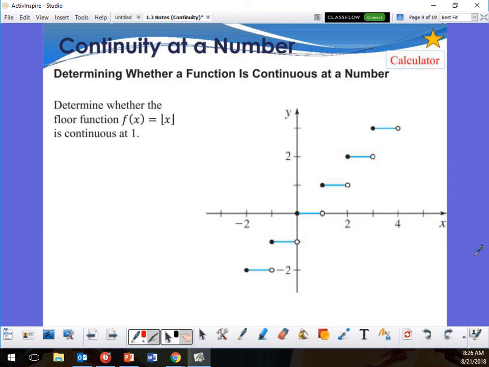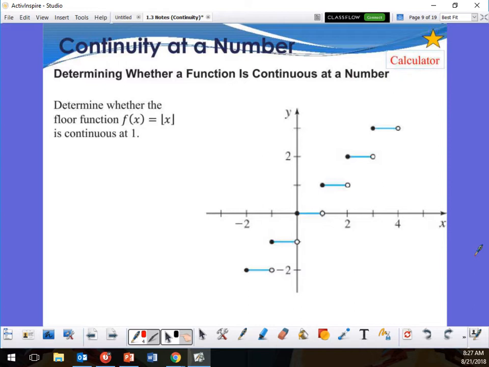But once it gets to 1, that's an open dot there, and it jumps up to here. So once it gets to 1, it's the next integer, so then it stays 1 until it finally becomes 2. That's what the floor function is. It always rounds down until you get to the next number.